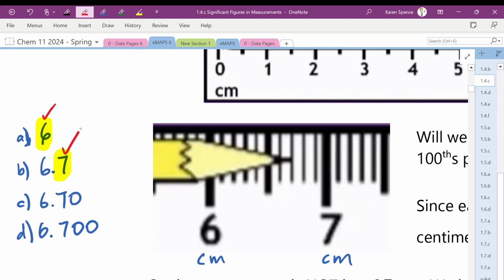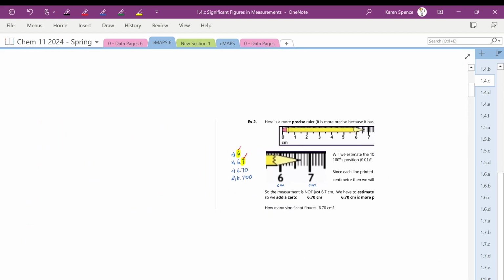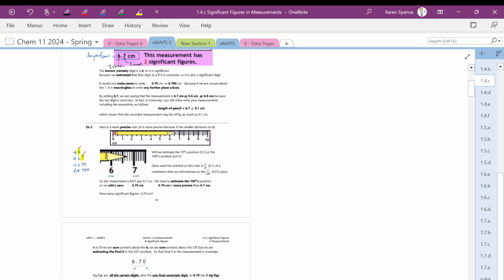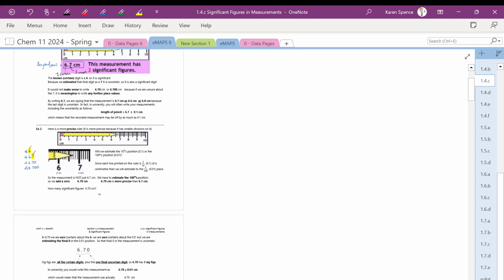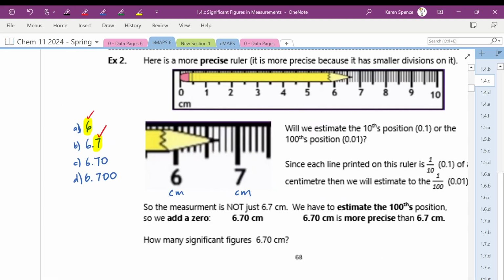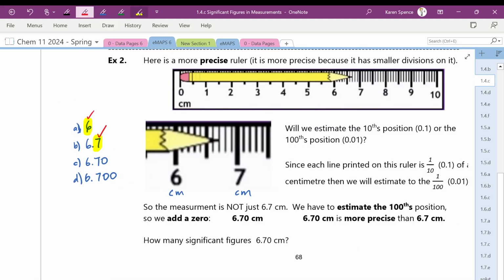Now, we have zoomed in super close on this, but what if I made it look more like a real centimeter? Are we absolutely 100% certain about that 0 in the hundredths position? No. Okay. So that 0 there is our estimated digit.